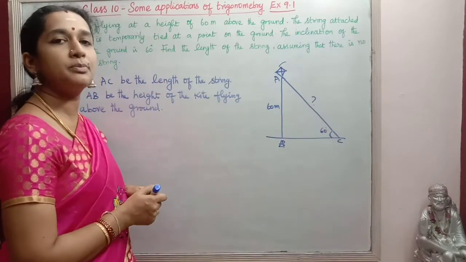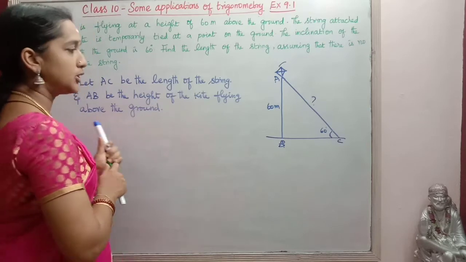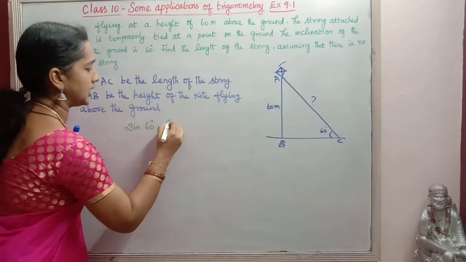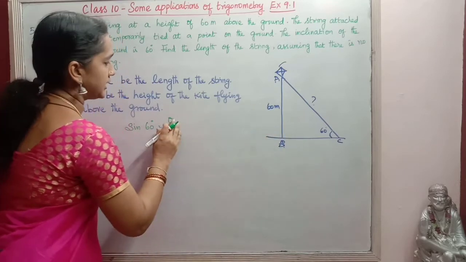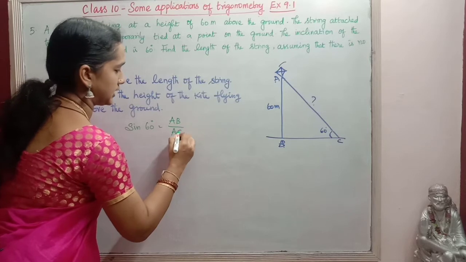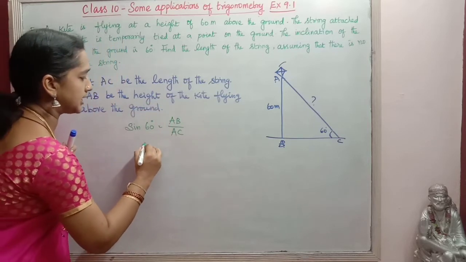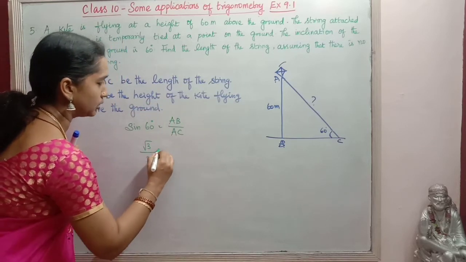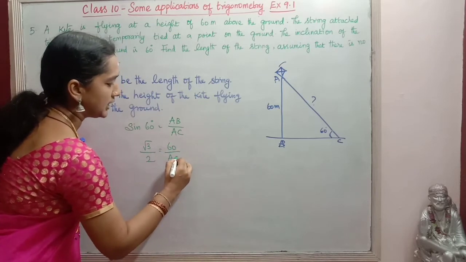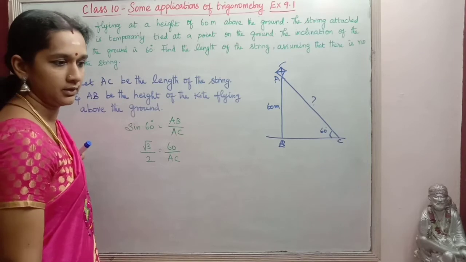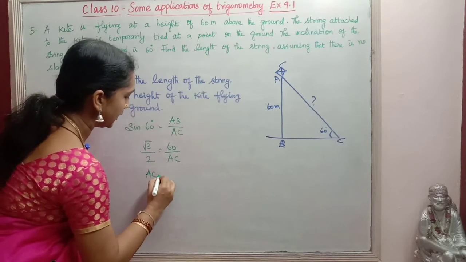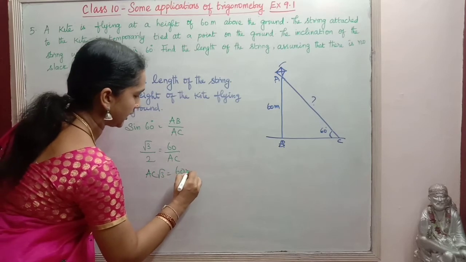Opposite by hypotenuse is the sine value. So sine 60 degree is equal to the opposite side AB by the hypotenuse AC. Sine 60 is root 3 by 2, which is equal to AB, given as 60 meter, by AC, which we are asked to find. When we cross multiply, AC into root 3 is equal to 60 into 2.